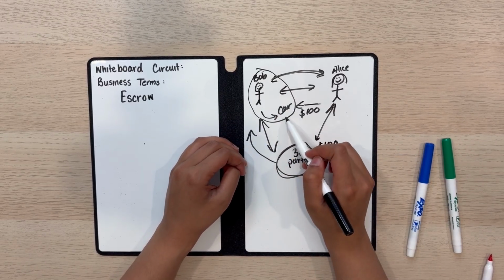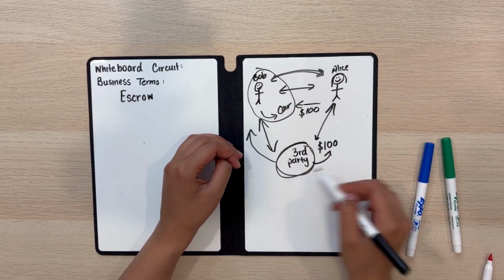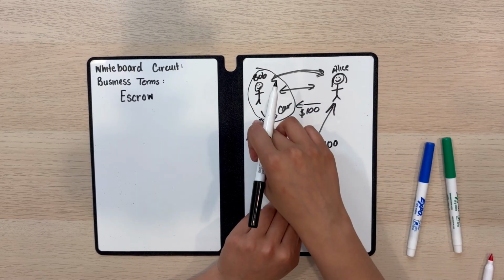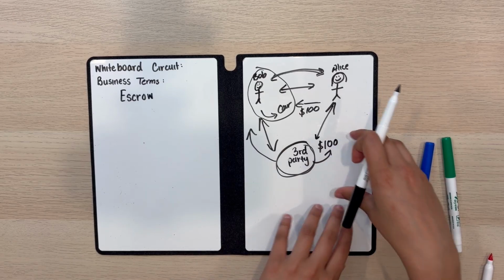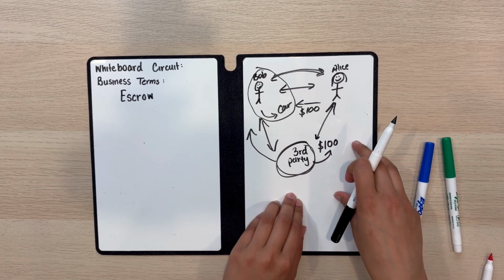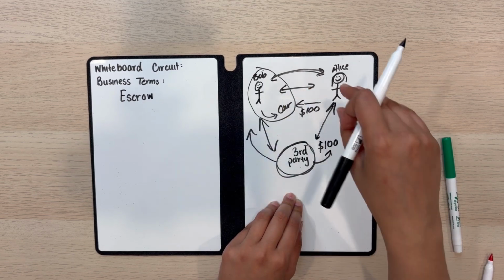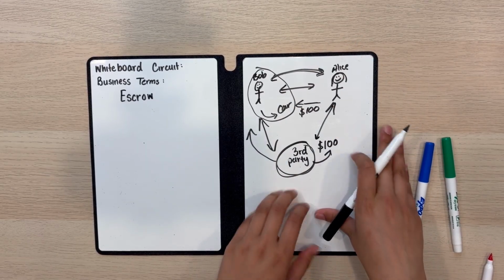If Bob doesn't fix the car, then the third party will give the money back to Alice. This transaction of having a third party, mutual party between the two, to hold on to funds, to hold on to business deals, to hold on to anything until the conditions of the contract are met, this process is called escrow.